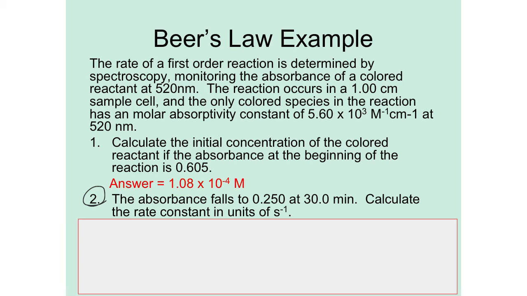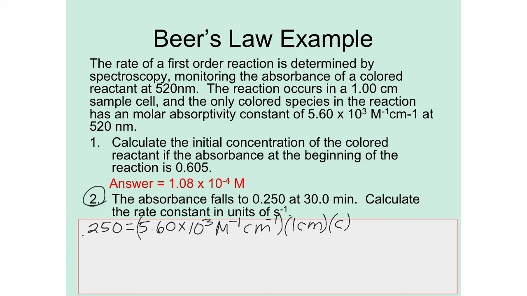to figure out what our concentration is at 30 minutes. So the absorbance is equal to the molar absorptivity constant, which is 5.6 times 10 to the third. And the path length is 1 centimeter. And then we are looking for the concentration.